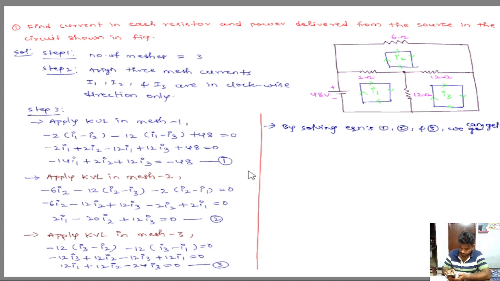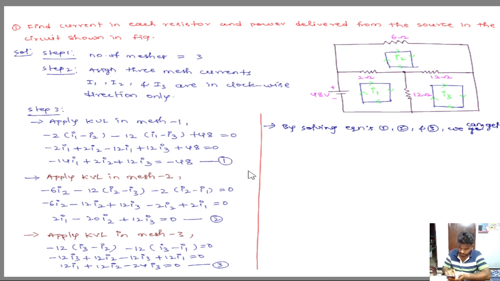Then equation 2: 2 I1 minus 20 I2 and I3 value plus 12 is equal to 0.